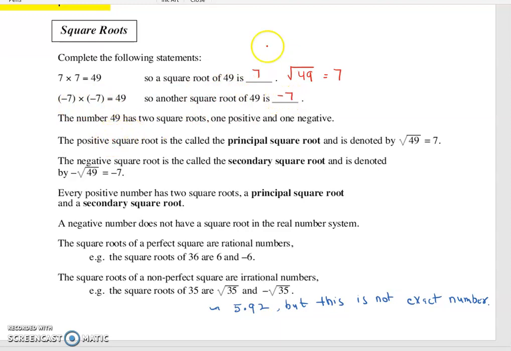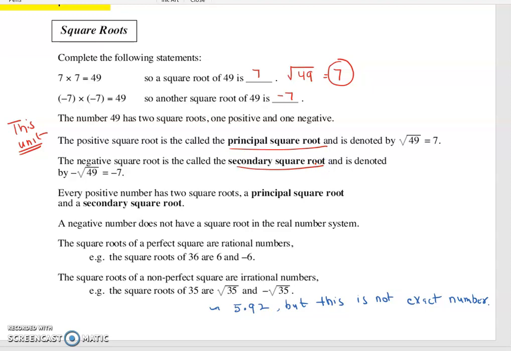So what is the difference and when do we use which one? For this unit, we will be using the positive answer when we take a square root of a number. Even though there are 2 possible answers to it, we will always be just using the positive number. The positive square root is called the principal square root, and the negative one is called the secondary one.